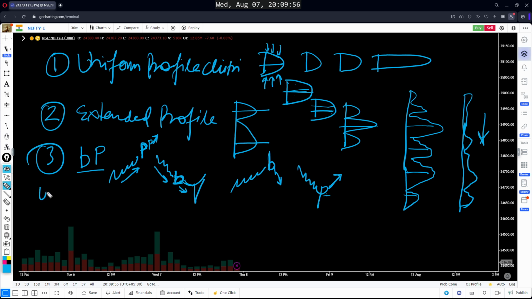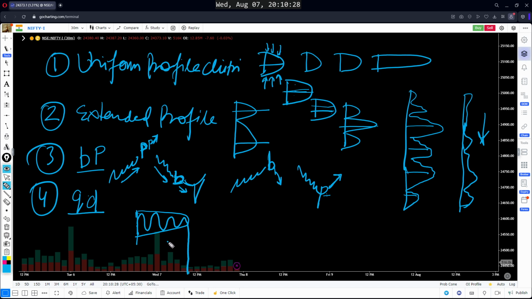Then we come to two more shapes, which is a Q shape and you can say a D shape. Now what is a Q shape and D shape? Let's just say market starts its day and it's just going up and down and up and down, and started to accumulate the whole area, and the whole thing is becoming a good consolidation, like a uniform distribution, and towards the end market shoots, gets overloaded at one side and shoots down.